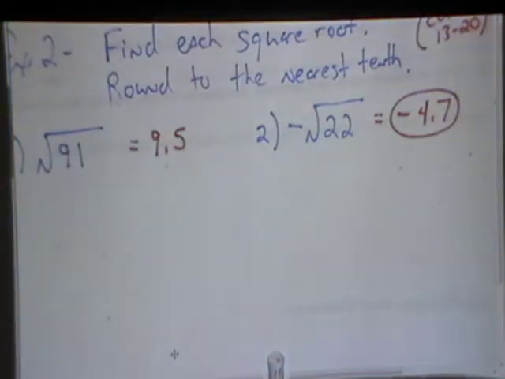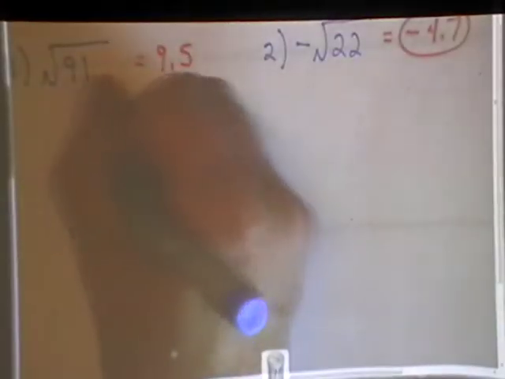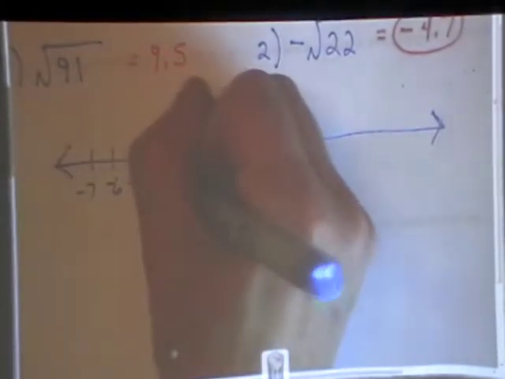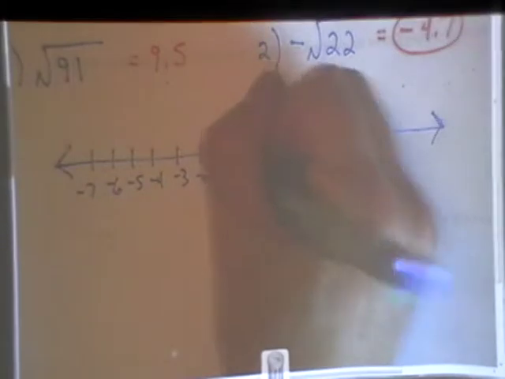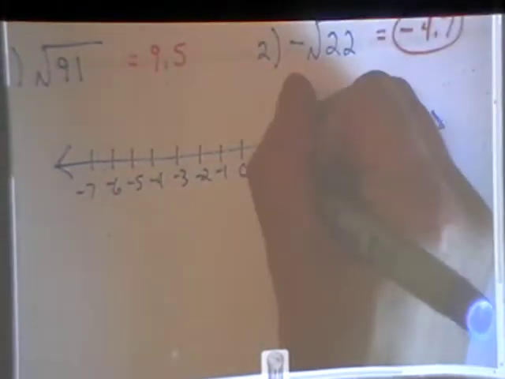So far, so good. Alright, for the next thing I want you to do is draw a number line. Here's 0. Let's go -7 up to 7.